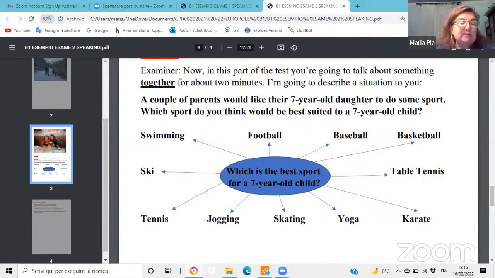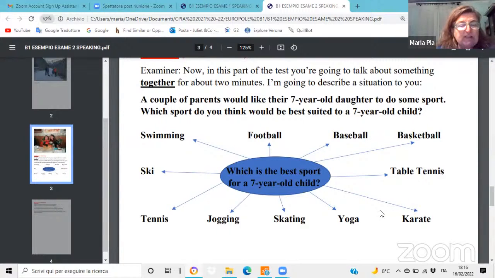play is used for team sports. So you play football, you play baseball, you play basketball, you play table tennis, you play tennis. For individual sports, you do: you do yoga, you do karate, okay?